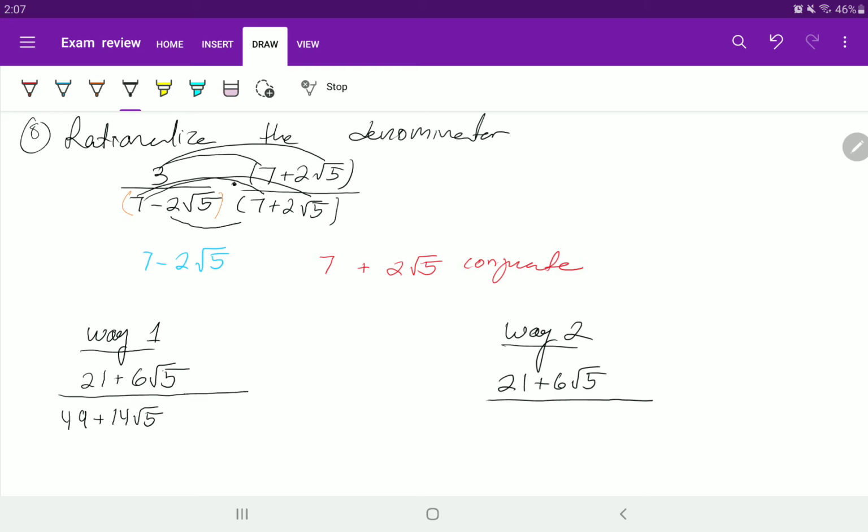Negative 2 square root of 5 times 7 is going to be negative 14 square root of 5. Remember, a negative times a positive is a negative. And last but not least, negative 2 square root of 5 times positive 2 square root of 5. Negative 2 times positive 2 is going to be negative 4. Square root of 5 times square root of 5 is the square root of 25.